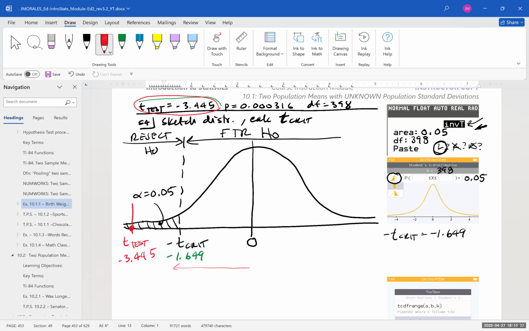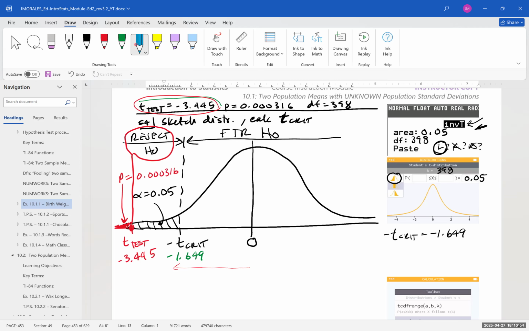If we go straight up from that point, we can see that we're going to be in the reject the null region. This area here in the tail is our p-value. It's that area, and it is 0.000316.